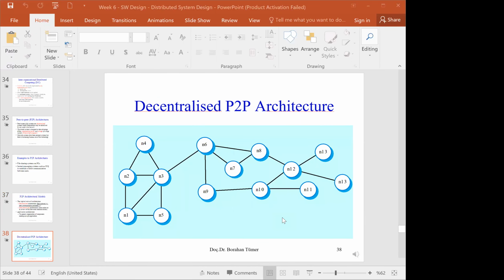Well, here you see a decentralized peer-to-peer architecture. As you see, many redundant nodes are there for each peer-to-peer connection.